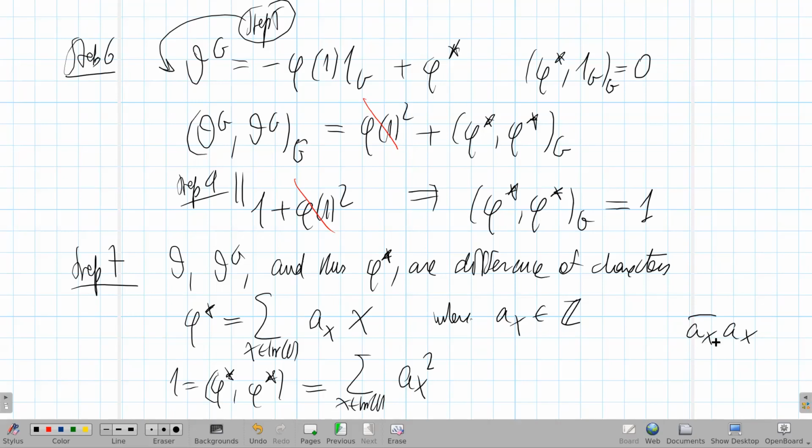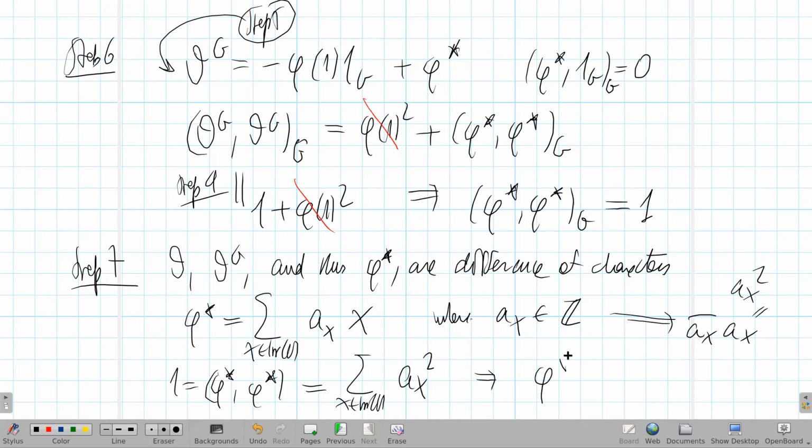But of course, these are integers, so this is just a_chi squared. And okay, what can a sum of squares of integers be if the result is 1? This means that they are all 0 except one, which is plus or minus 1. So what we obtain is that only one coefficient is different from 0, and has to be plus or minus 1.